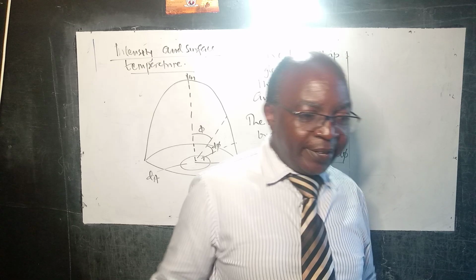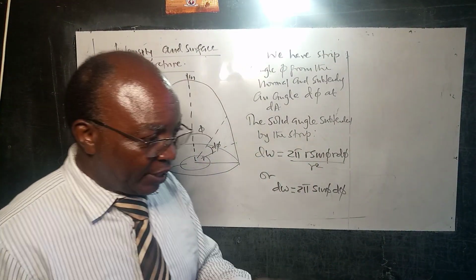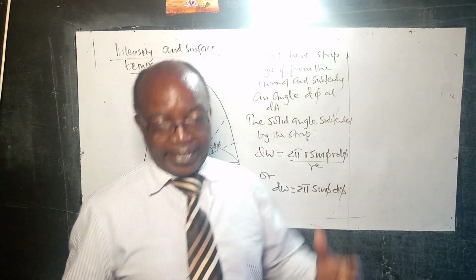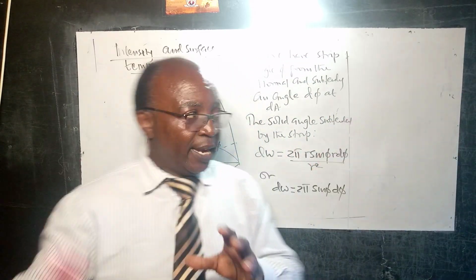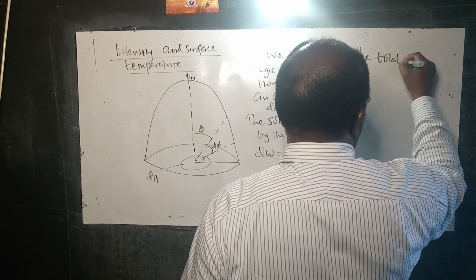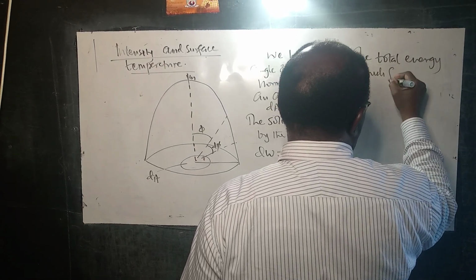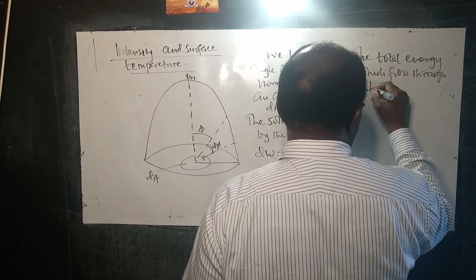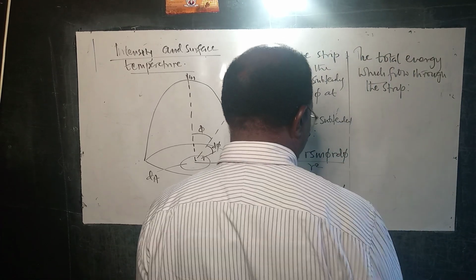So the total energy which flows through this strip, just like when we did our calculations in that earlier lecture on the total energy which flows through the area element dA1 and the area element dA2. So the total energy which flows through the strip.